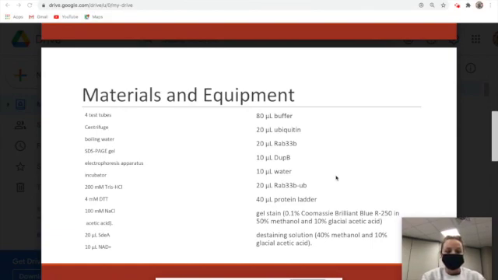The various solutions we used were the Tris-HCl, DTT, NaCl, SDEA, NAD+, a buffer solution, Rab33B, ubiquitin, DUPB, water, the Rab33B-ubiquitin complex, a protein ladder, as well as the gel stain, which is 1% Coomassie Brilliant Blue R250 plus 50% methanol and 10% glacial acetic acid, and the destaining solution, which is 40% methanol and 10% glacial acetic acid.